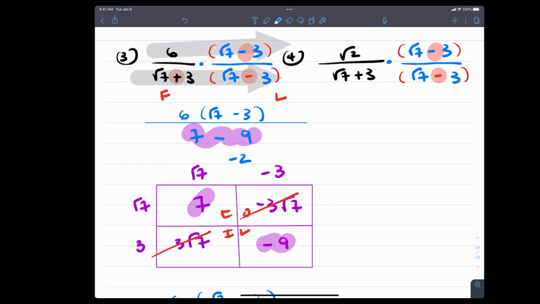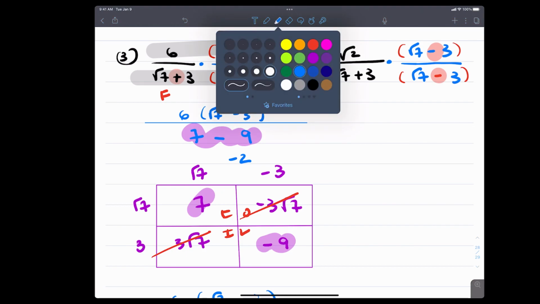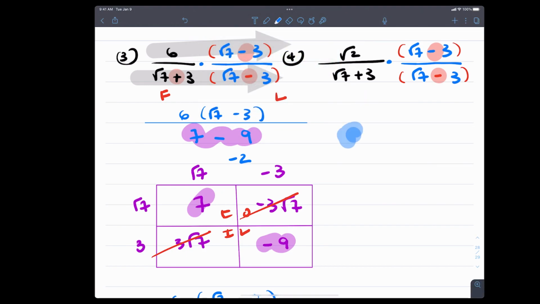This one is going to be, let me get that. We're still going to multiply straight across like we did, but now you get what? The square root of 2, square root of 7 minus 3, over, remember this is conjugate-ish, 7 minus 9, which will be negative 2. But you're going to need to do what?